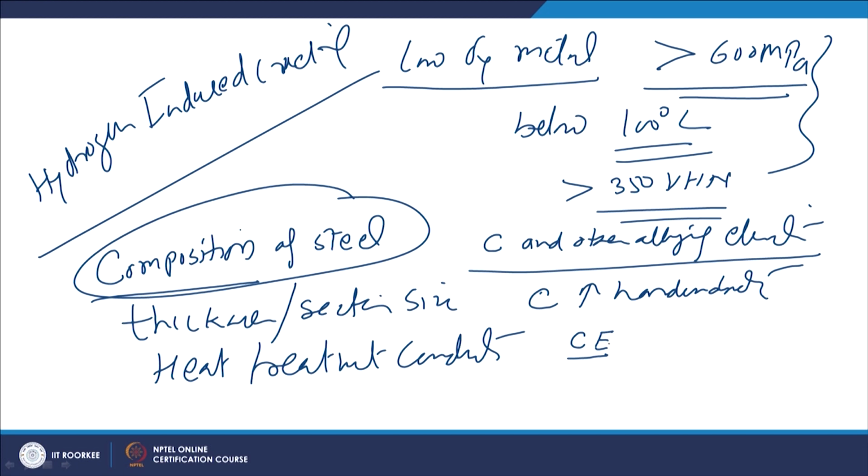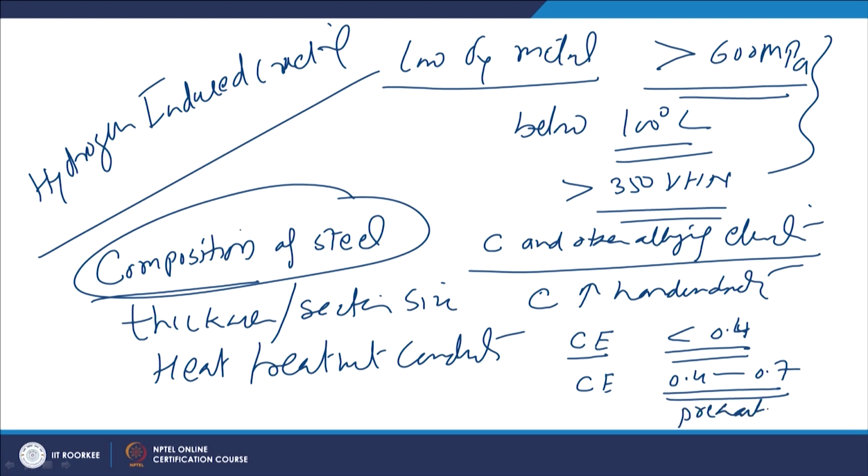When the carbon equivalent is less than 0.4, the weldability is considered to be good. When the carbon equivalent is in the range of 0.4 to 0.7, the weldability is considered to be fair because it is facilitated with the help of preheating.